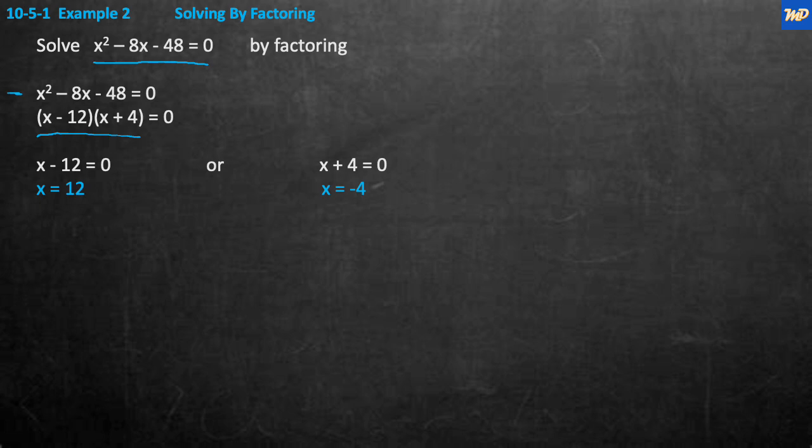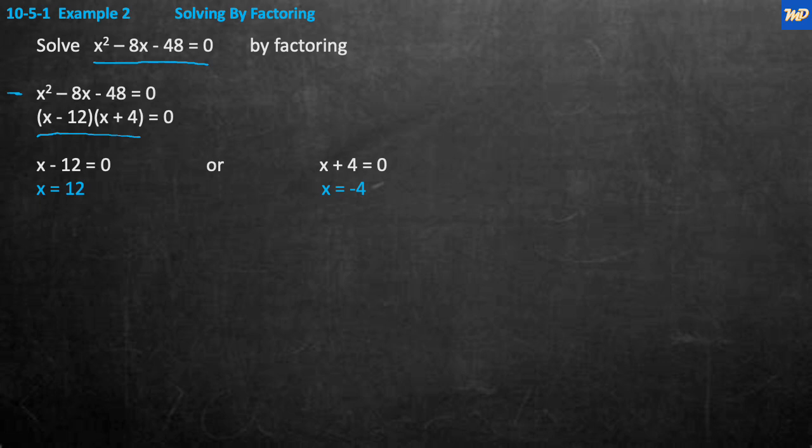We do that by looking at the quadratic equation, as we've done in the past, and looking at the c and the b term. We see that the c term is negative 48. For it to be negative 48, the two factors we multiply together to come up with this negative 8 for the b term must be one positive and one negative. They can't both be positive or both negative, because then you'd get a positive 48.